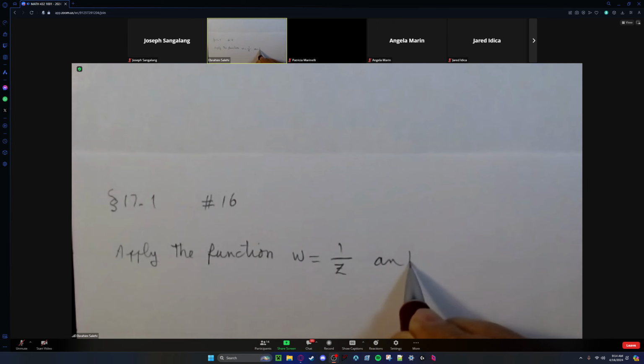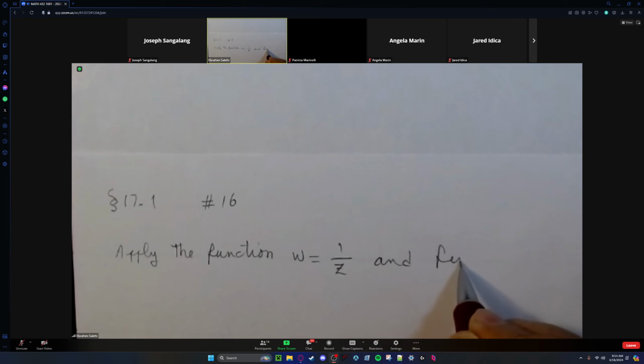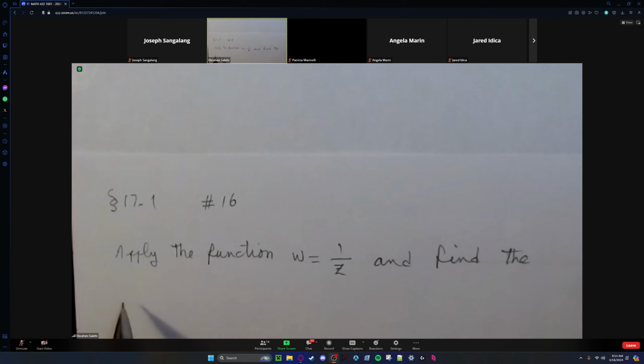And find the image of this set. It is a combination of two conditions here. First of all, it says the absolute value of z is less than 1/2.